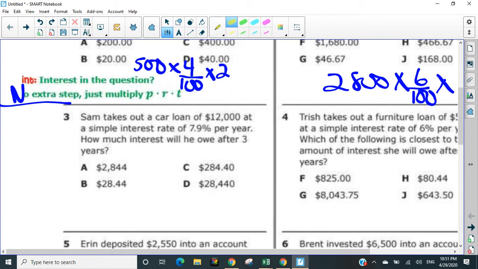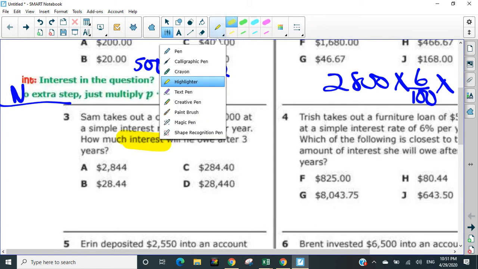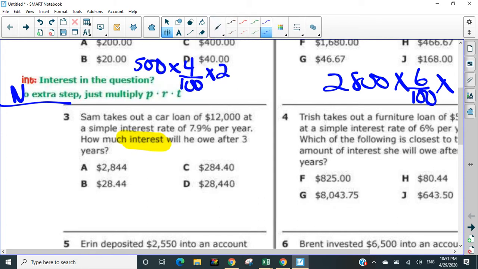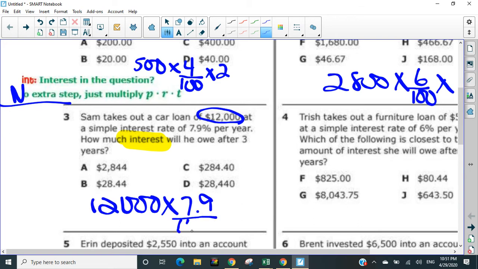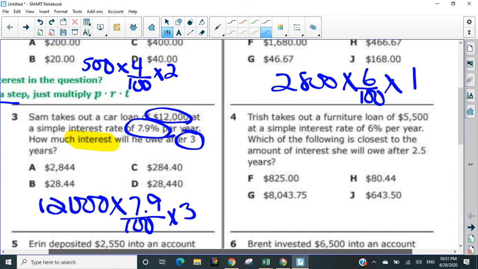Question is asking for interest. The formula gives us the interest, so there's no extra step. Principal times percent, but since we don't have a percent sign, we put it over 100, times the years, which is the 3. And there's no extra step because it's asking for interest.